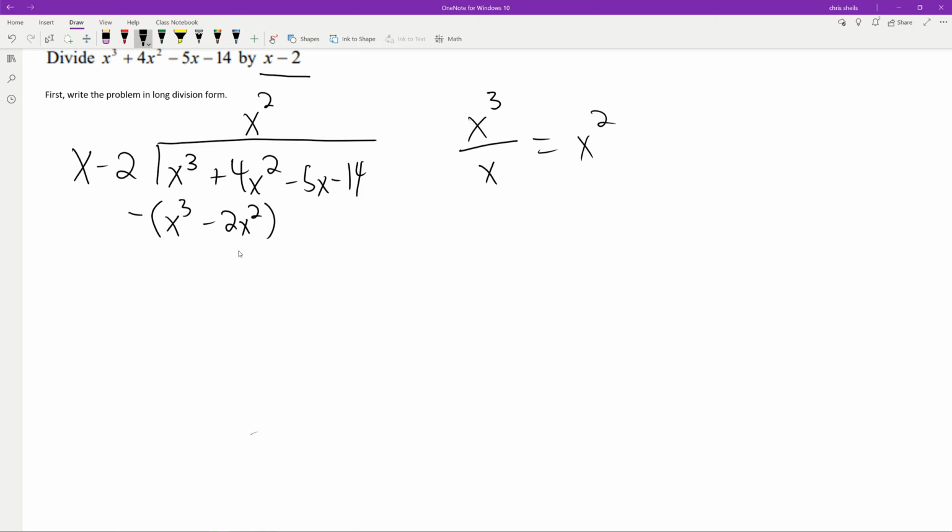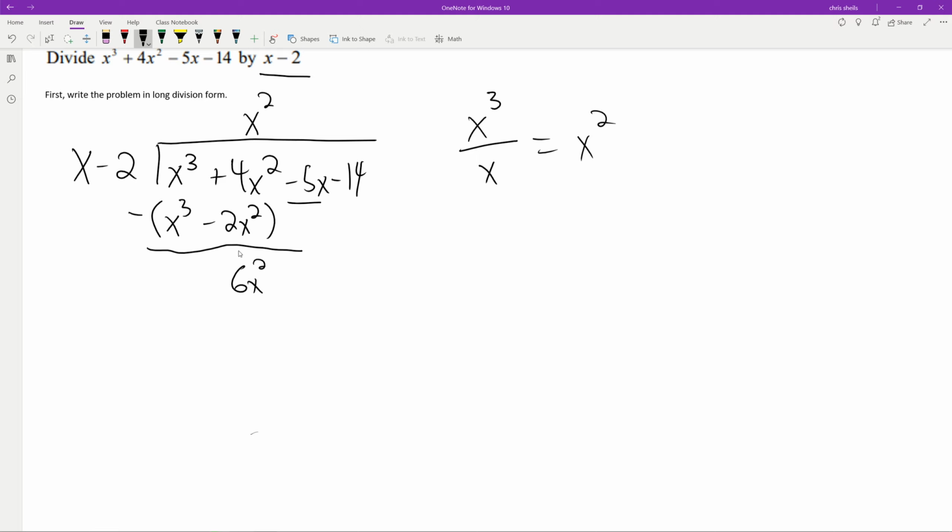And this means I need to make sure that I'm appropriately distributing this negative sign. So whenever I subtract here, x cubed minus x cubed is 0. 4x squared minus negative 2x squared, that's 4x squared plus 2x squared. This gives me 6x squared.